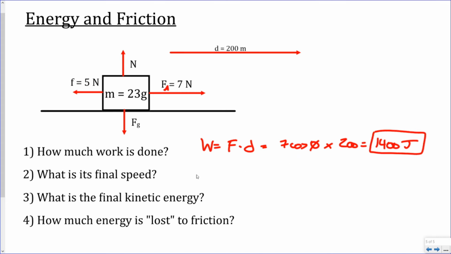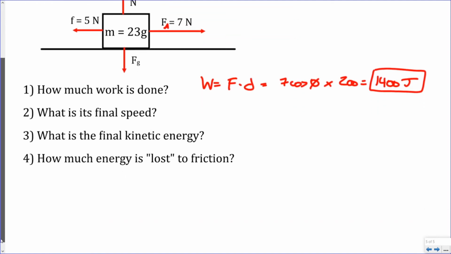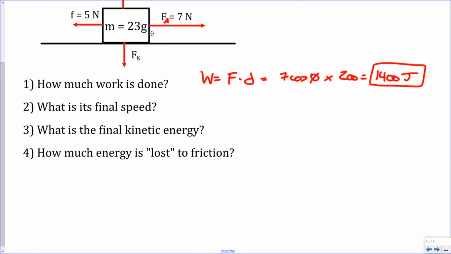What is its final speed? Okay. How are we going to do that? So how do we know that it has a speed? Well, if you look at this, the sum of the forces here is not 0, so we know it's actually going to be accelerating. So if we do number 2 here, we know that the net force in the x direction is going to be my applied force minus my force of friction, which is also going to equal what?